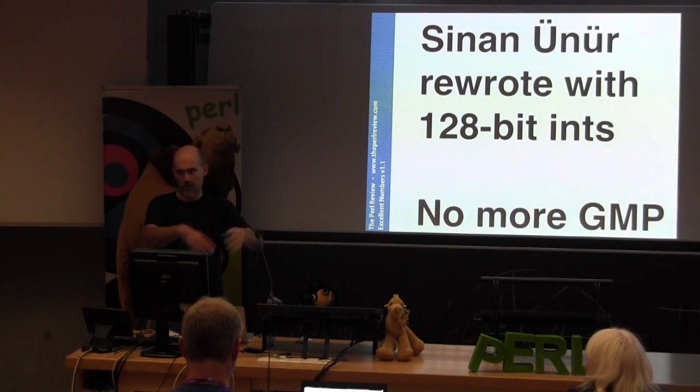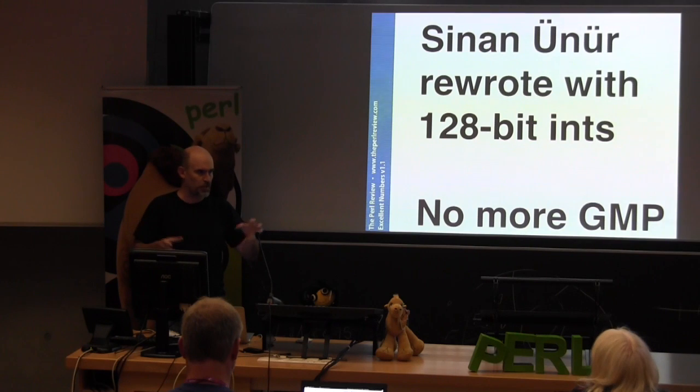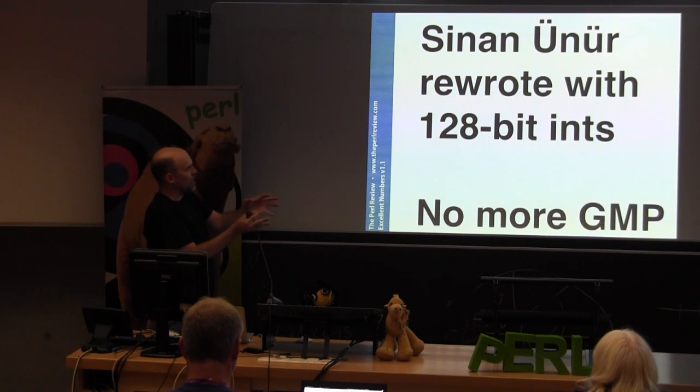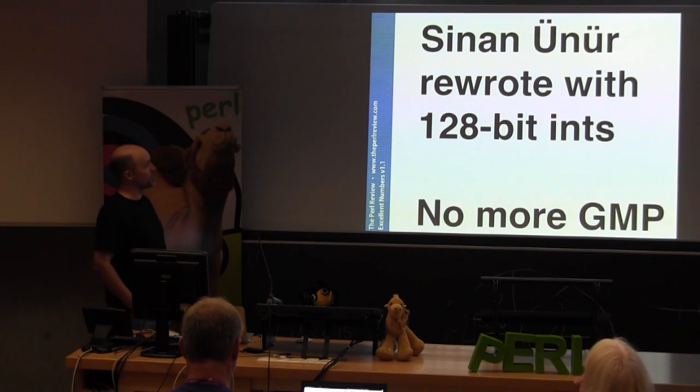You do this part of the problem, you do this part of the problem, and there's so many multiplications you have to do, and you add it all back together in certain ways, and it all works out. The sort of stuff that you would expect to get out of something like reading The Art of Computer Programming, the GNU stuff, where you have to split up the problem into various sections and make sure you carry this byte over to this section and that sort of stuff. But no more GMP, so this got really fast.